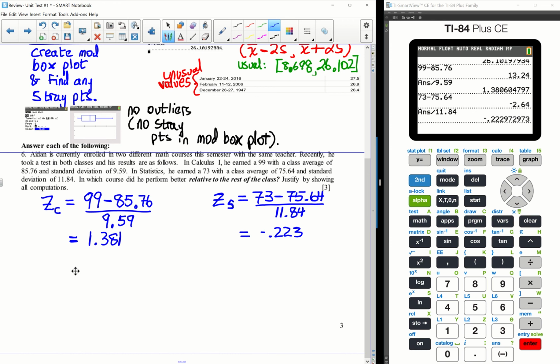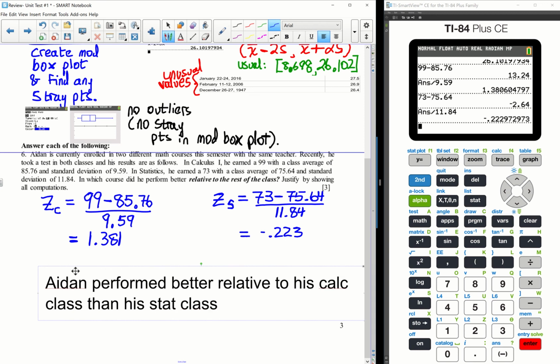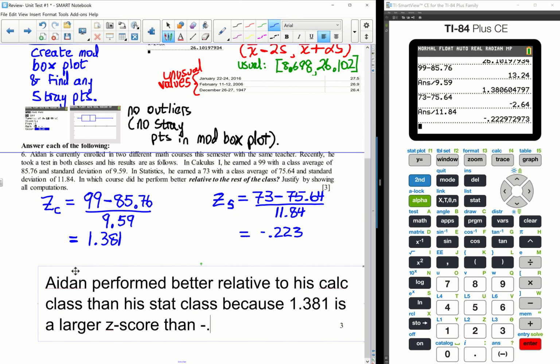So Aiden performed better relative to his calc class than his stat class because, very simplistically, 1.381 is a larger z-score than negative 0.223.